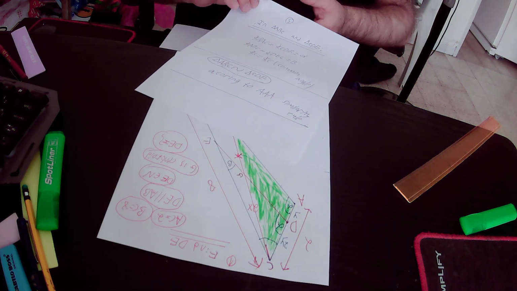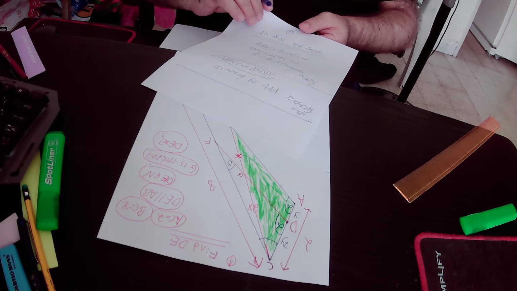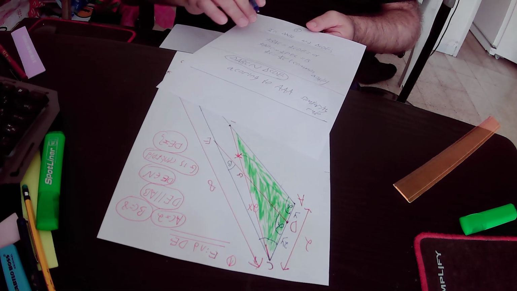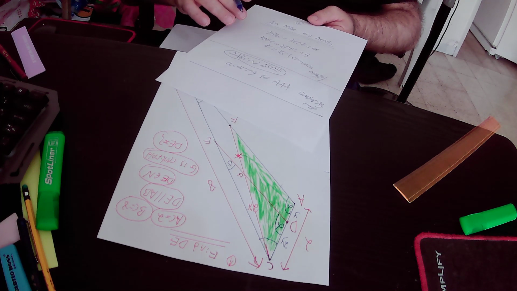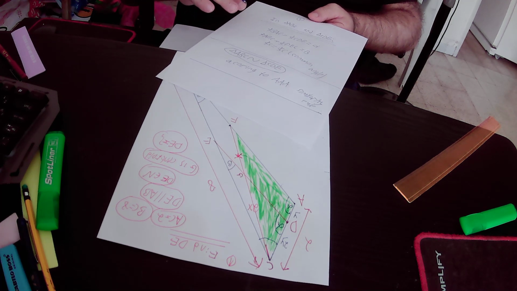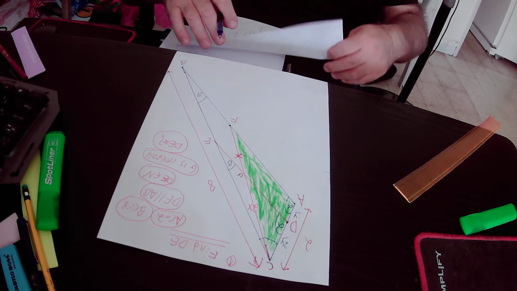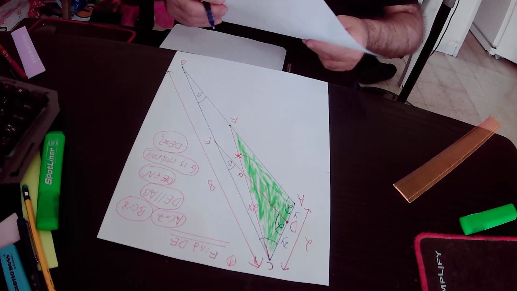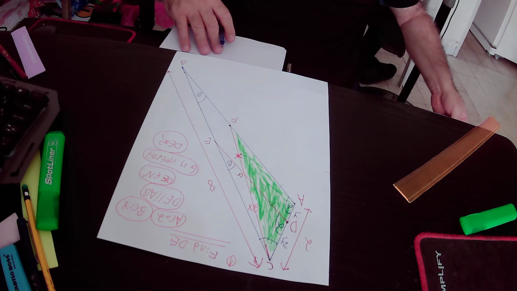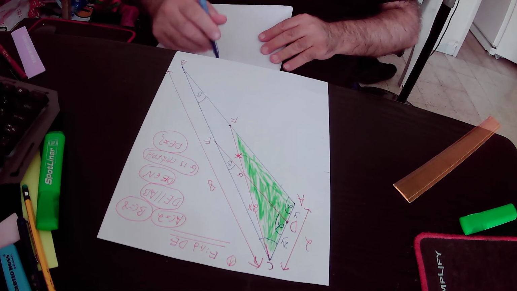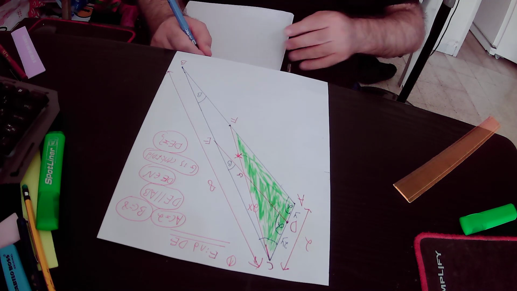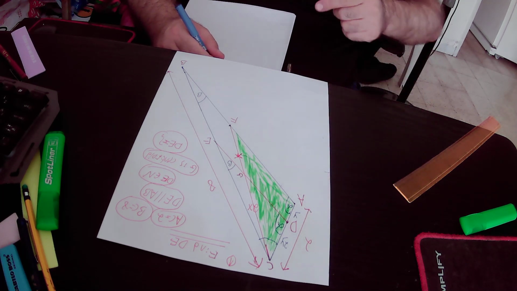So, from the fact that triangle ABC is similar to triangle CDE, we can conclude that CD over AC equals DE over AB.